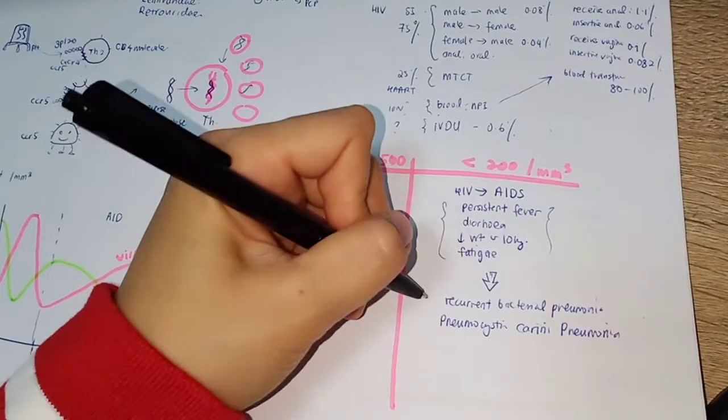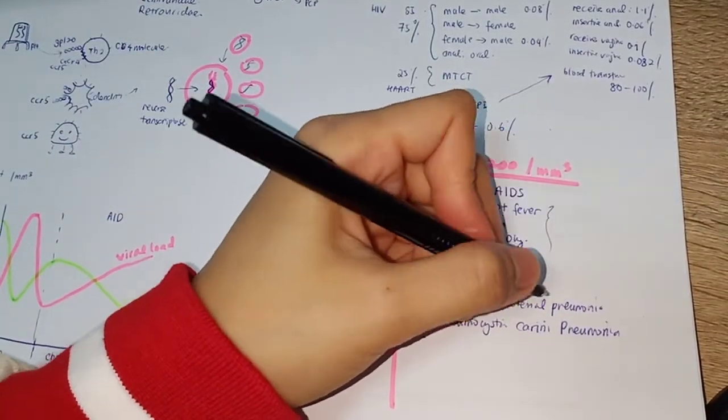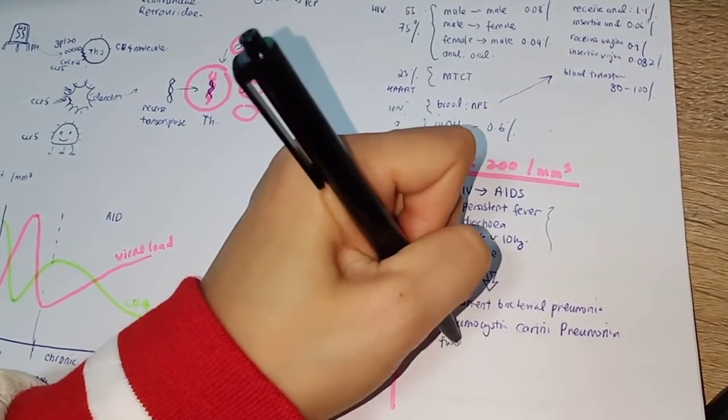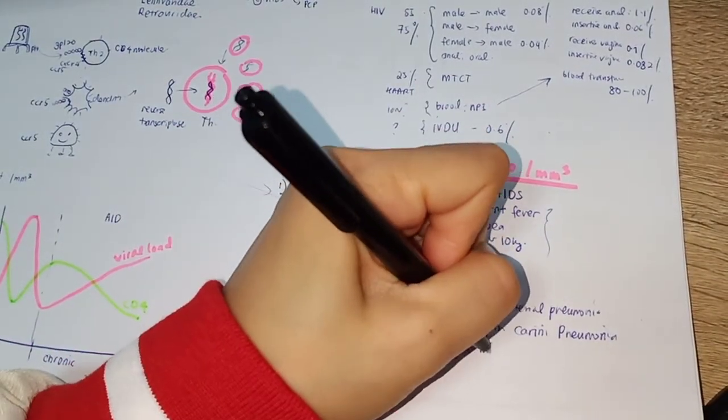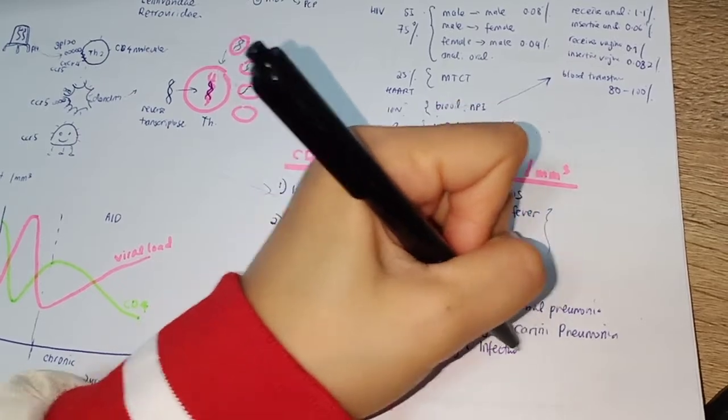It presents with typical lung features on the x-ray, and then fungal infections. Previously it was only in the oral cavity, but fungal infections can also go to the esophagus.